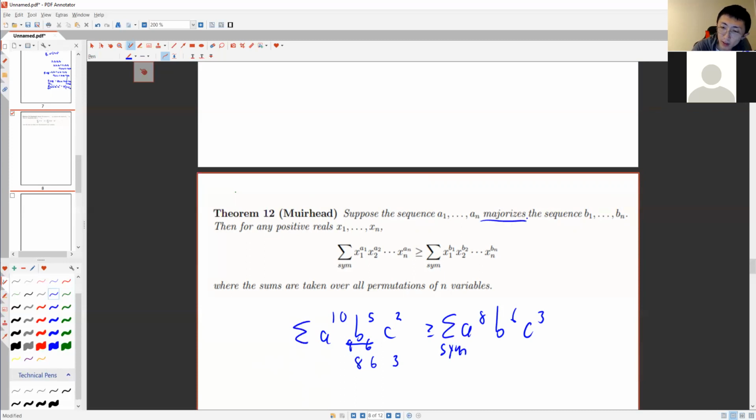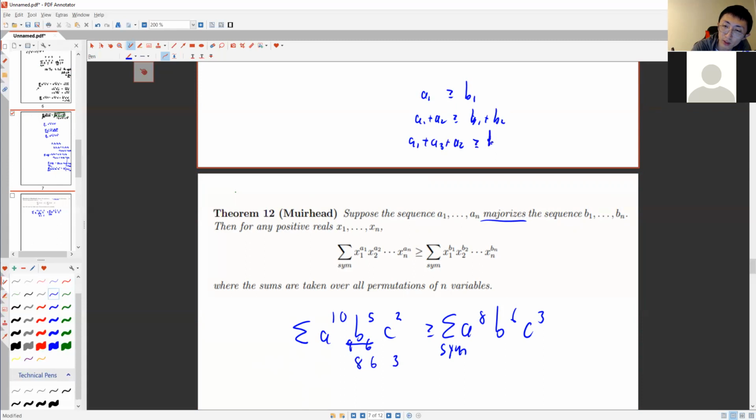So the majorizes, just so it's clear: the first term is bigger than or equal to the first term of the second sequence. The sum of the first two terms is bigger than or equal to the sum of the first two terms in the second sequence. The sum of the first three terms is bigger than or equal to the sum of the first three terms in the second sequence, and so on, all the way until the last one, which is an equality: the sum of all the a_i equals the sum of all the b_i as i goes from 1 to n.